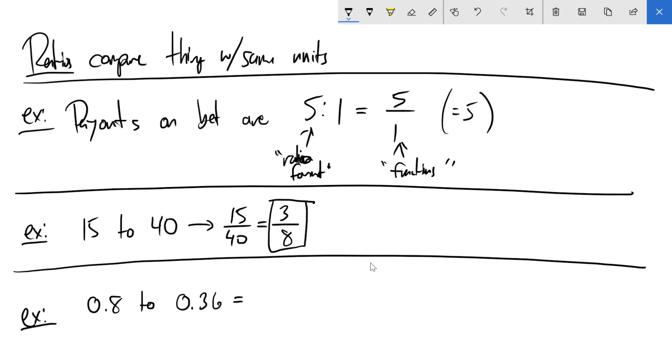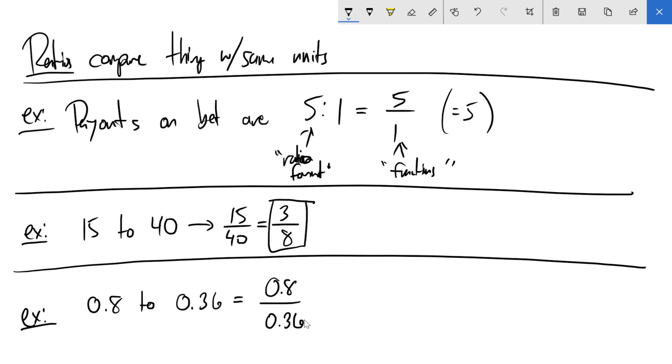As a fraction, what would that be if I just take my decimals and put them in fractions? It'd be 0.8 over 0.36. That's a weird way to write a fraction. You typically don't see a fraction with a decimal inside of it.